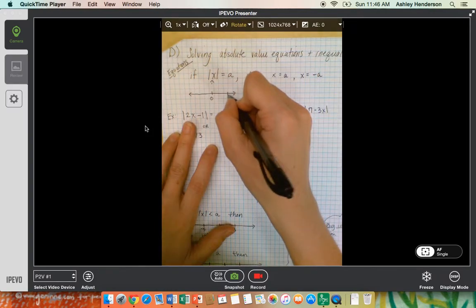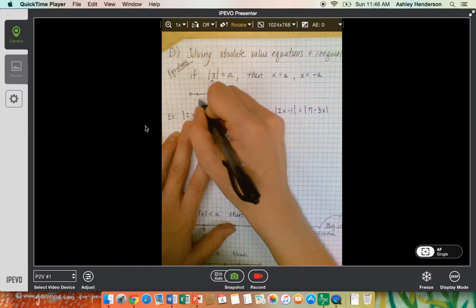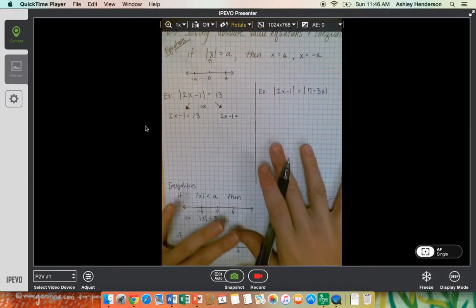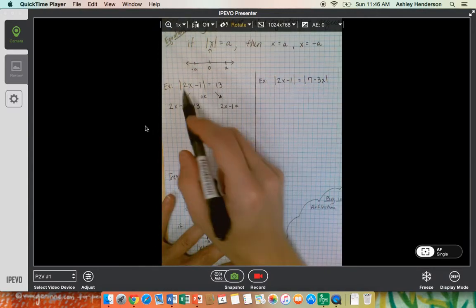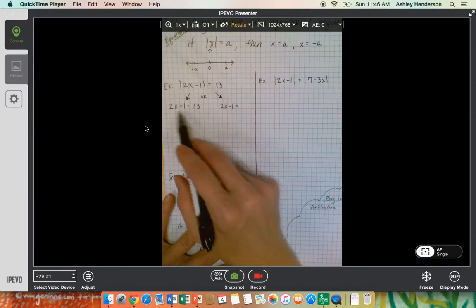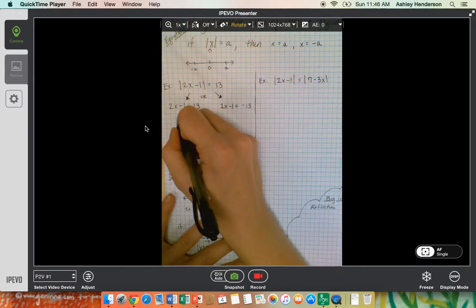So my input was either A or negative A. It was one of those two. So when I set these equations up, kind of like the assessment we had last unit where it was a tricky one like this, this value right here is either equal to positive 13 or negative 13, and then solve this.